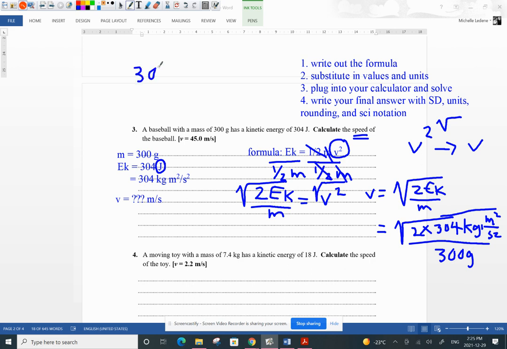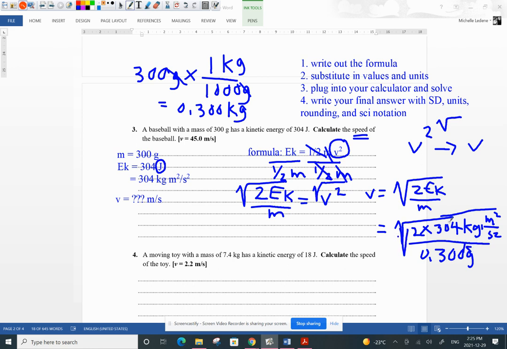I'm going to have to do a unit conversion. 300 grams times, what's the fact you guys know about grams? Well, you should know that 1 kilogram has 1,000 grams in it. And that means you're going to divide by 1,000 and you get 0.300 kg. So you can't write in grams, you have to convert it to kilograms.